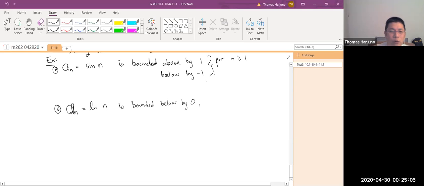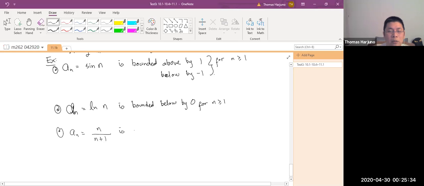Well, actually, if you look at ln x, the range is all real numbers. But in this case, our n only starts from 1, right? Is it okay?